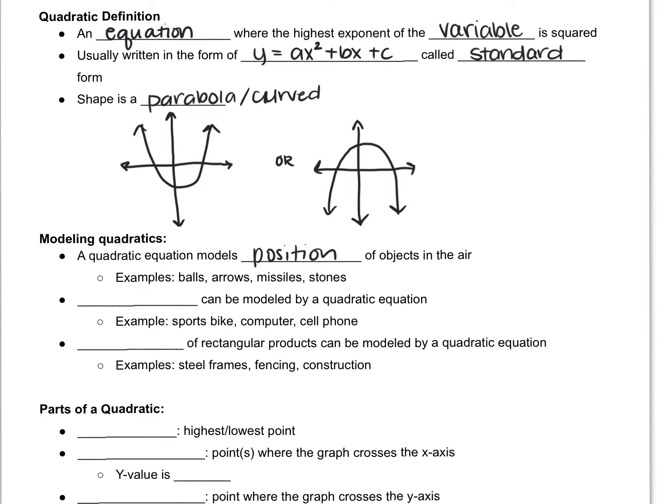We also have profit that can be modeled by a quadratic equation. Like if you create a new sports bike, computer, or cell phone. It actually takes into account two equations, your cost equation and your item, I guess you would call it, your sales, your expected sales.